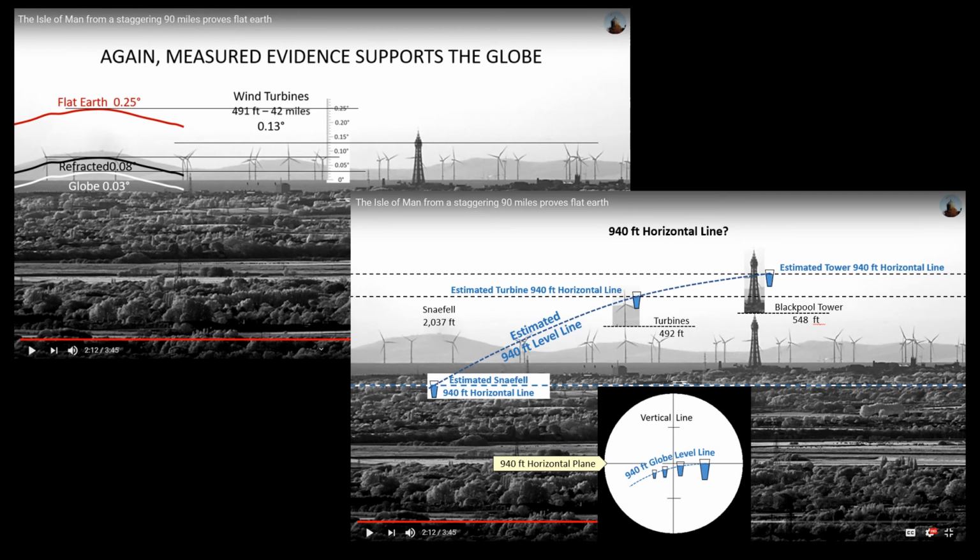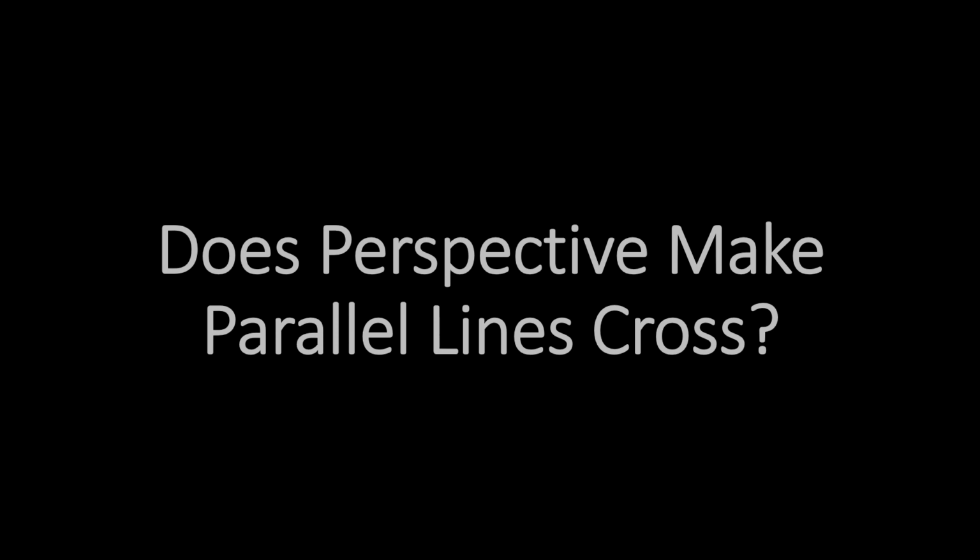So I have used two different methods to analyze this photograph, and in both cases, the flat Earth wasn't even close to explaining what we see, yet in both cases, this matches what we would expect to see on a globe. Now I can already hear flat earthers crying out, what about perspective?